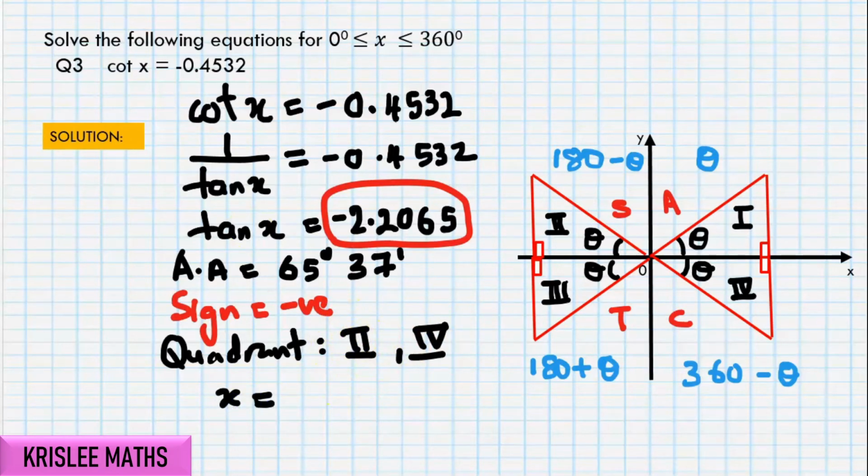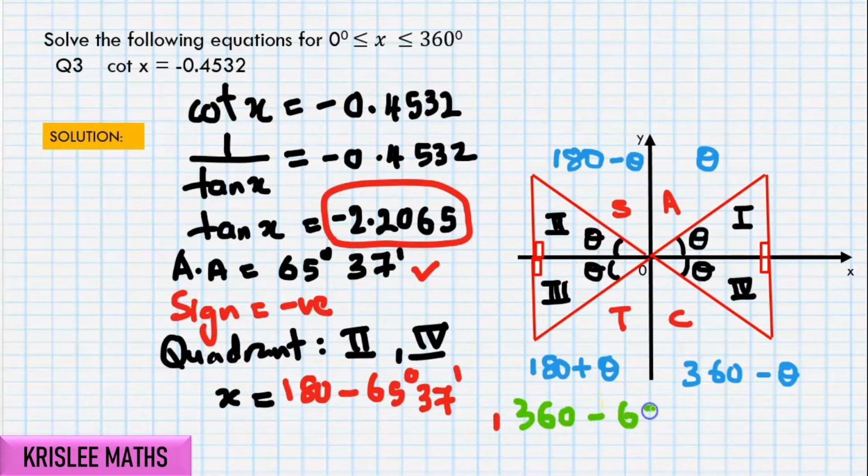In the second quadrant, it is 180 minus the acute angle, that is 65 degrees 37 minutes. And in the fourth quadrant it is 360 minus theta, therefore 360 degrees minus 65 degrees 37 minutes. Simplify this to obtain the final answer.